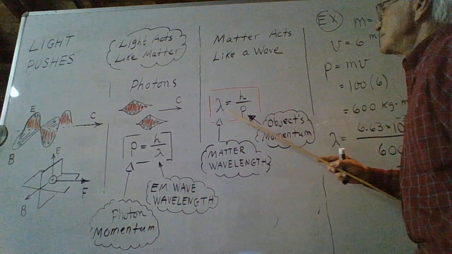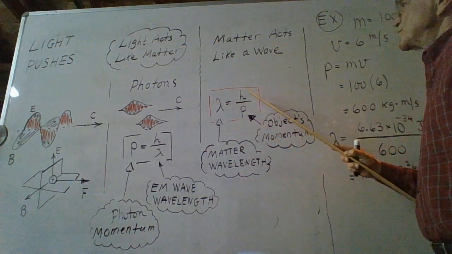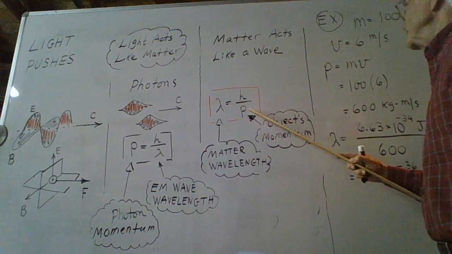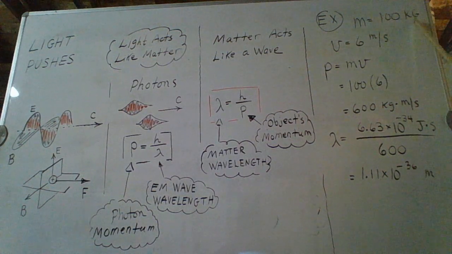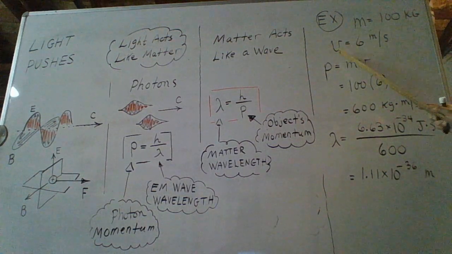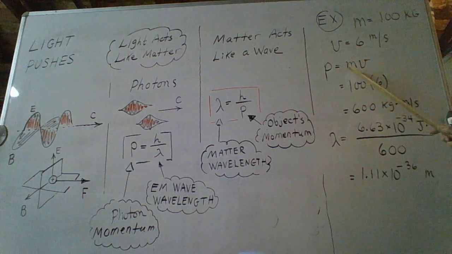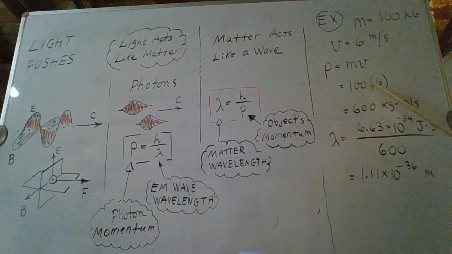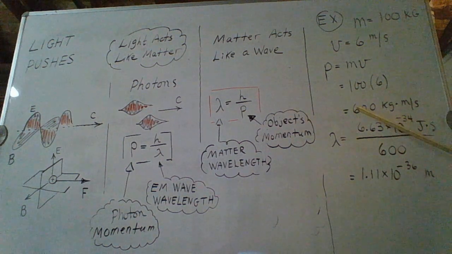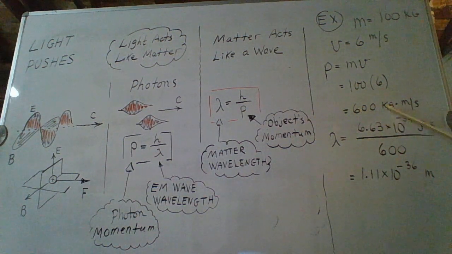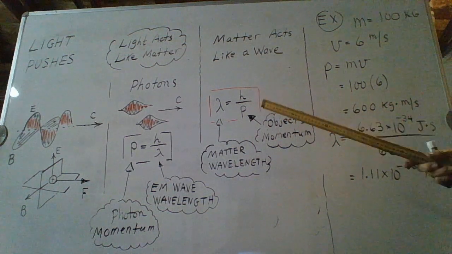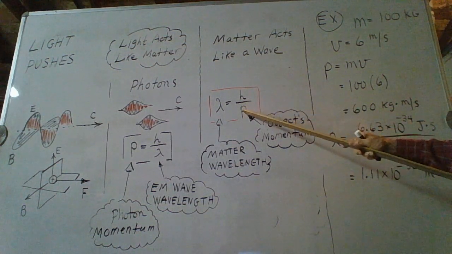We have lambda, the matter wavelength, is h over p. p is the momentum. The mass is 100 kilograms. Velocity 6 meters per second. p, the momentum, is m times v, 100 times 6. Final result for p, the momentum, is 600 kilogram meter per second. Now that is what we have in the denominator here.